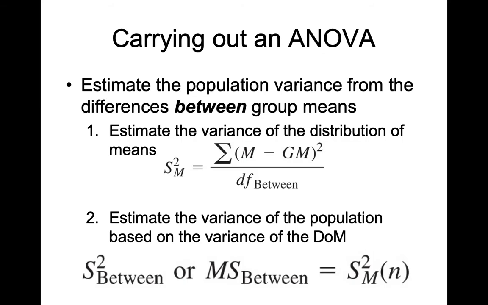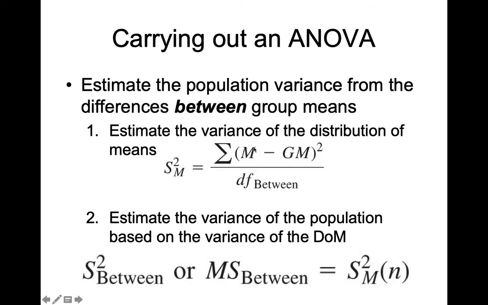So what we're going to do is take our variance formula and use that to figure out the variance among our sample means. Instead of an x, each one of our means is going to be like an individual observation.